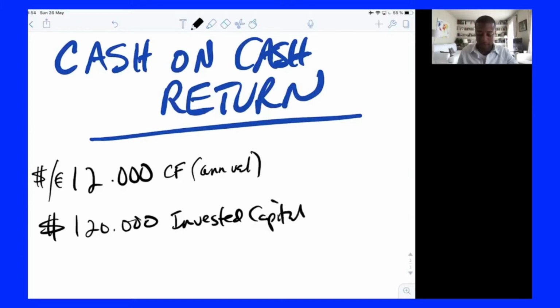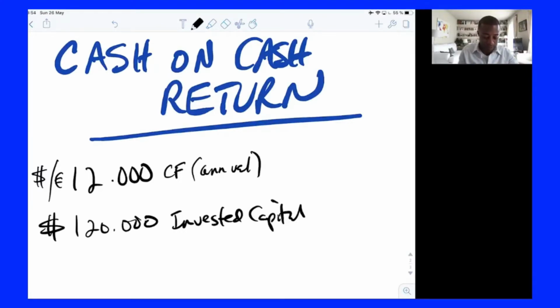And the way that you figure out the cash on cash return is you say, okay, you put in $120,000, and in that same year, that $120,000 provided you with $12,000 of cash flow.